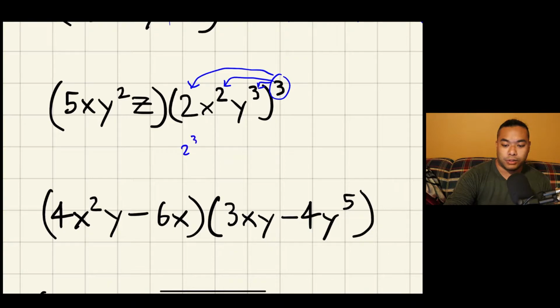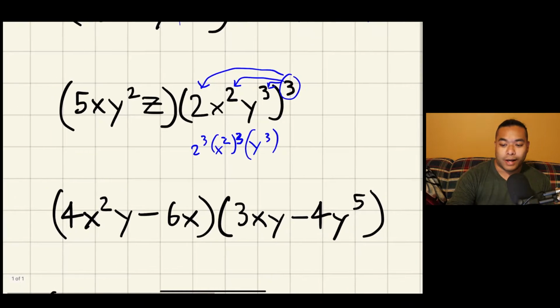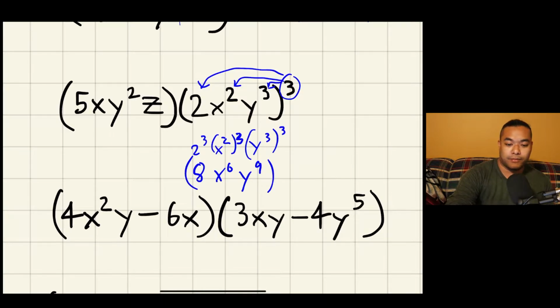So 2 cubed, x squared cubed, and y cubed cubed. So 2 cubed, 2 times 2 is 4, times 2 is 8, x squared cubed, power to a power, multiply, 2 times 3 is 6, y cubed cubed will give me y to the 9th.